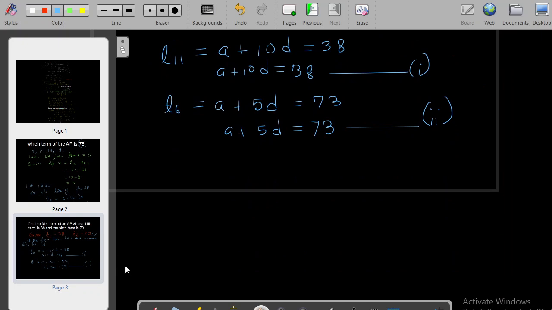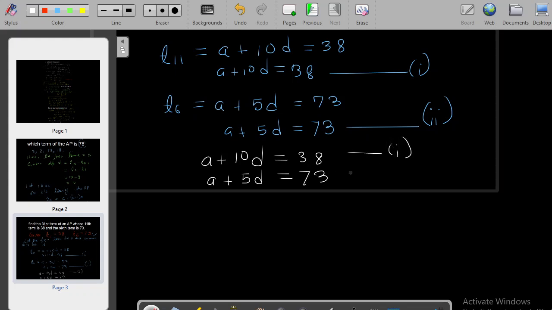Then we can find out the 31st term. A plus 10D is 38 and A plus 5D is 73. These are the two equations we have in our hand.